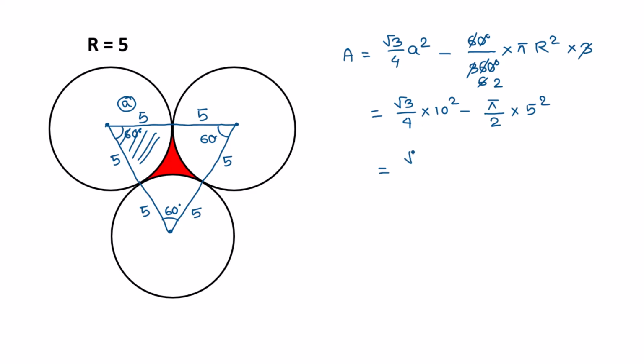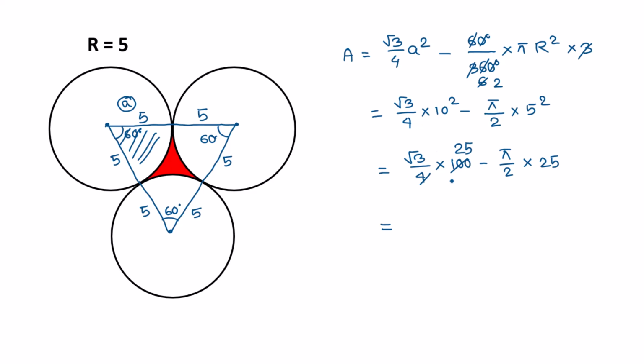This is equal to square root of 3 over 4 times 10 square, this is 100, minus this pi over 2 times 25, so 25 is equal to 100 divided by 4, this is 25.